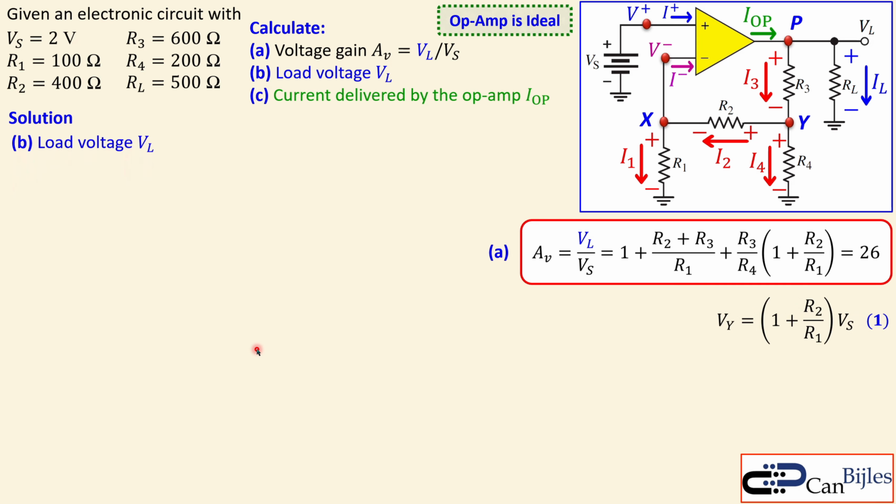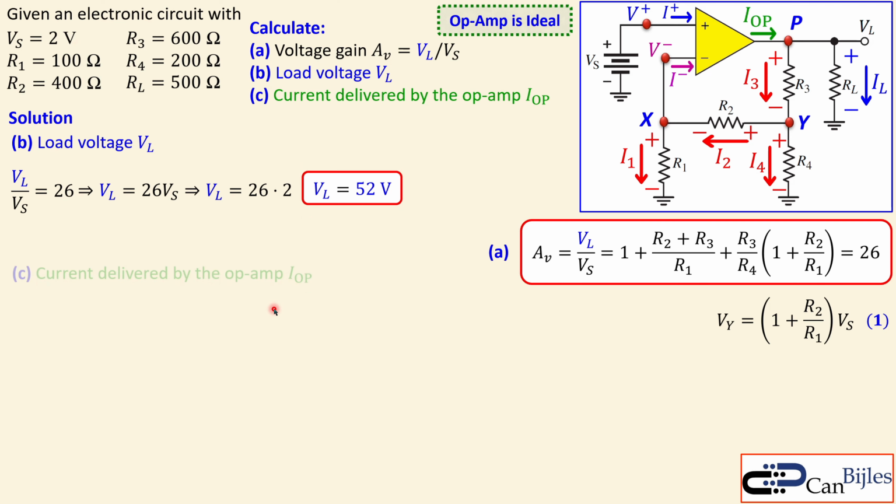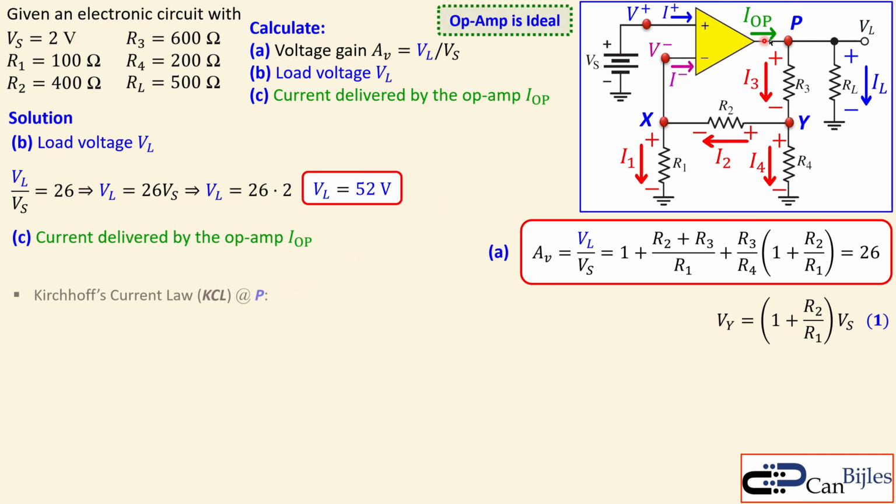Now going to the load voltage, this is actually very easy because we know the expression for load over source voltage, which is 26. I also need the load voltage, with the Vs of 2 volts, so we can express this in this form. Just substitute the values, and we get 52 volts for our load voltage VL. Okay. The current delivered by the op-amp, IOP, is again determined using Kirchhoff's current law at node P, because IOP will split into I3 and IL.